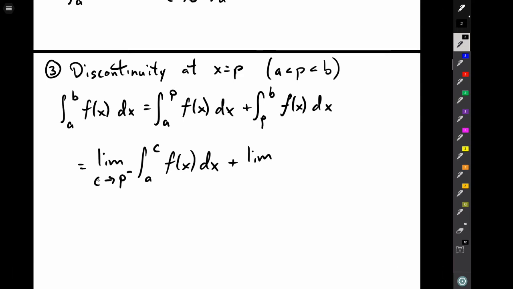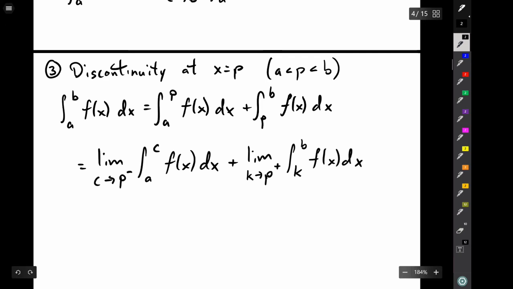We should use a different letter here, so let's use k, as k goes to p from the right, of the integral from k to b, f of x dx. So we split it up like that, and it just turns into these simpler integrals again.